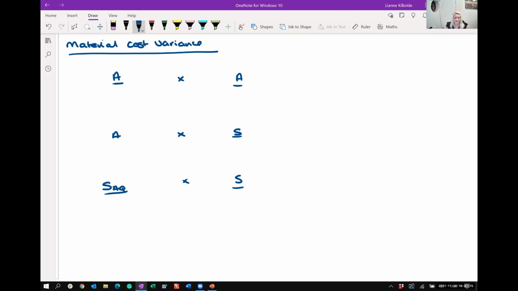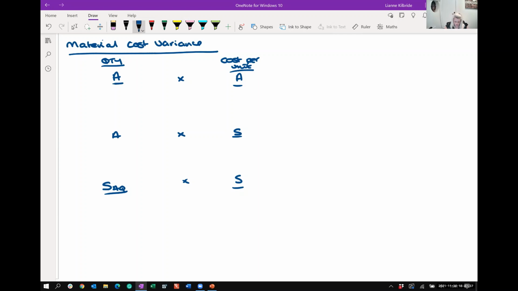Now, because we're dealing with material cost, this side looks at the quantity and this side looks at the cost per unit relating to the quantity. So the A stands for actual, the S stands for standard, which is another word for what we budgeted to spend.